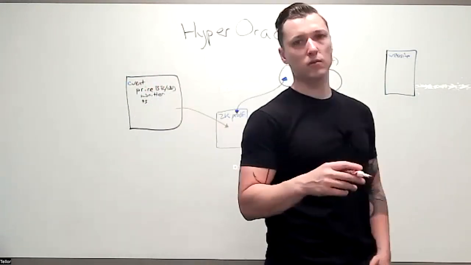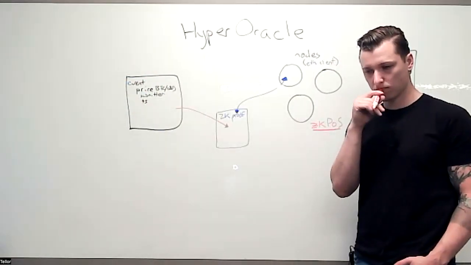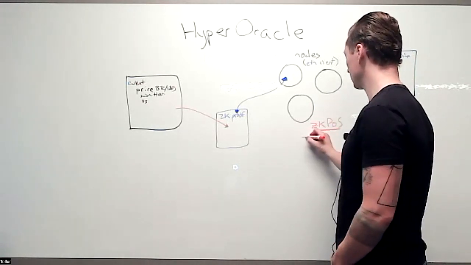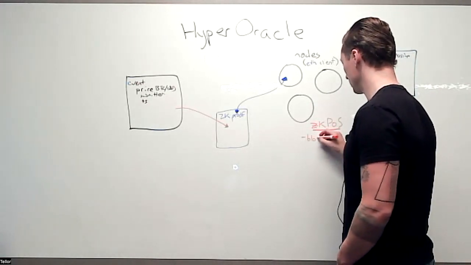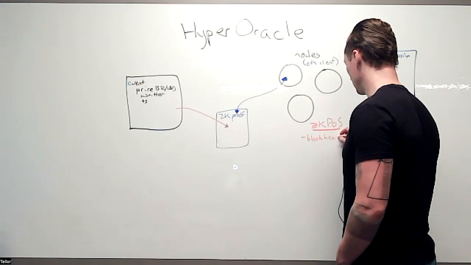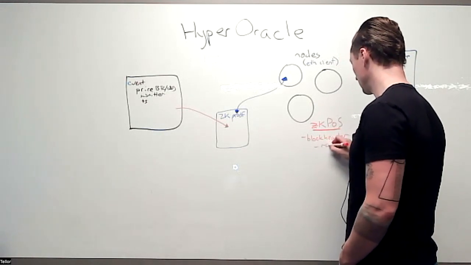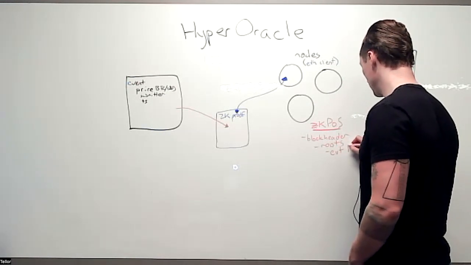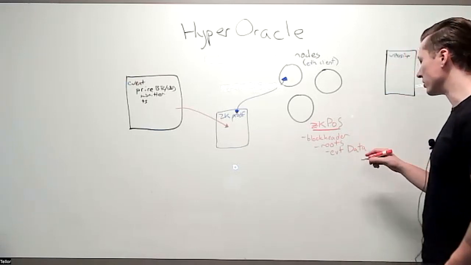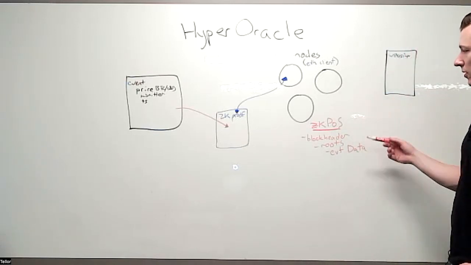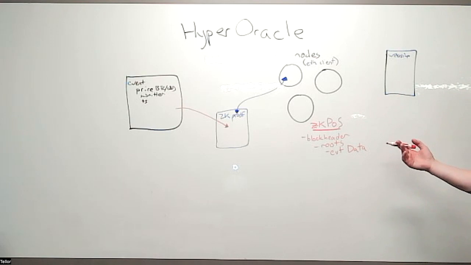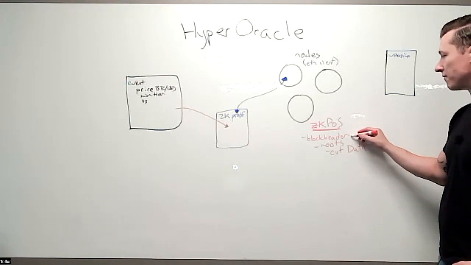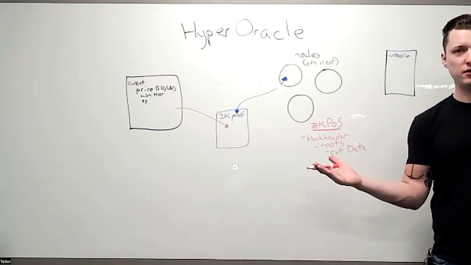We need to get the block header first, then get all the tree roots, and then go into the roots and get the actual event data. So ZKPoS is basically for the block header, right? Yes.